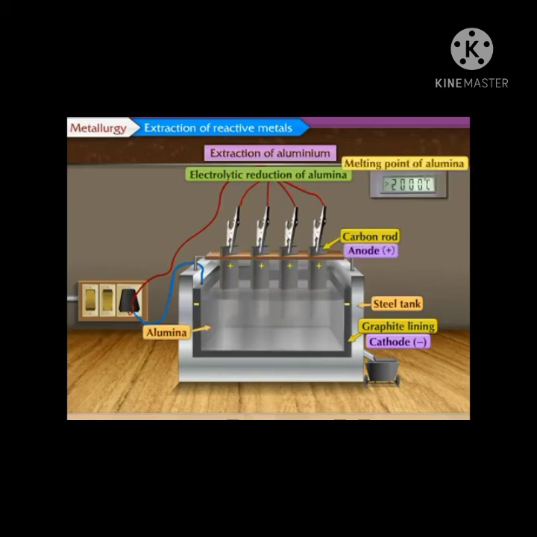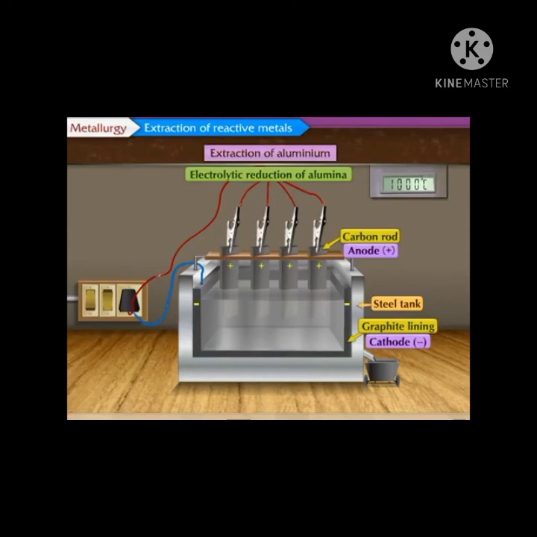Pure alumina has a high melting point, greater than 2000 degrees Celsius. In order to lower the melting point, pure alumina is mixed with molten cryolite, that is Na3AlF6, and fluorspar, that is CaF2, and then melted in a steel tank. Thus, electrolysis can be carried out at about 1000 degrees Celsius.